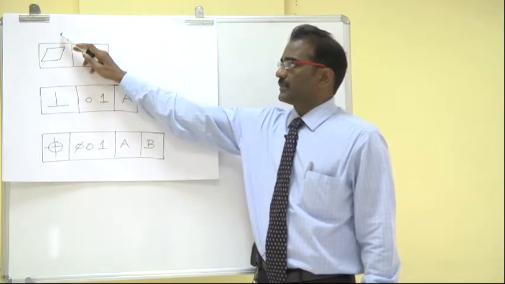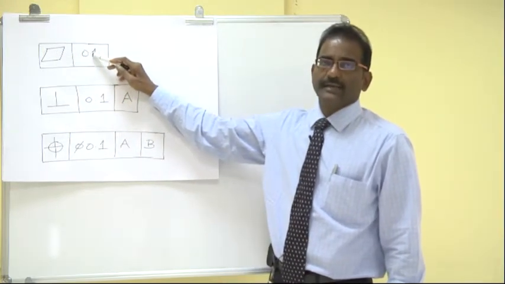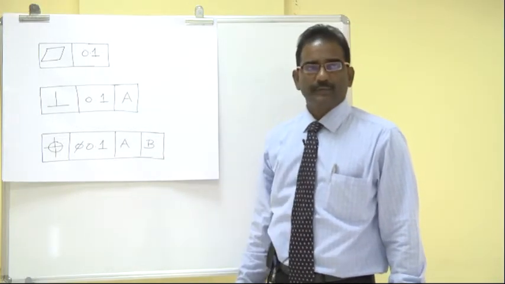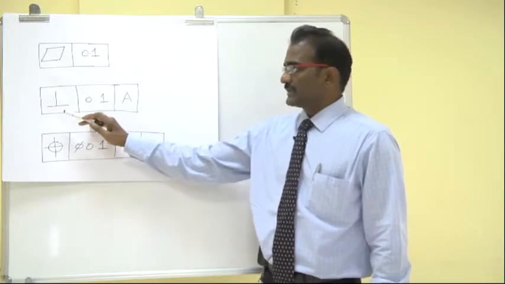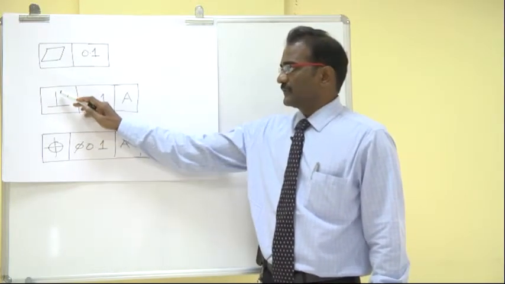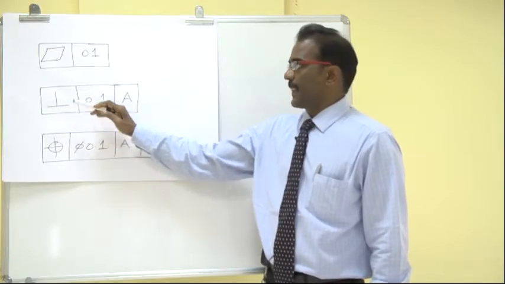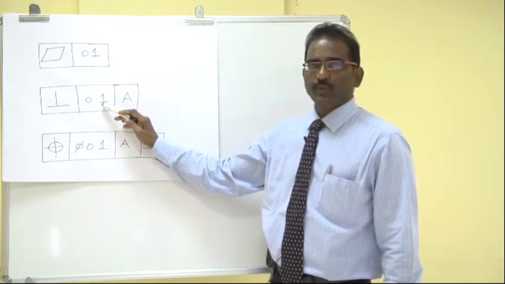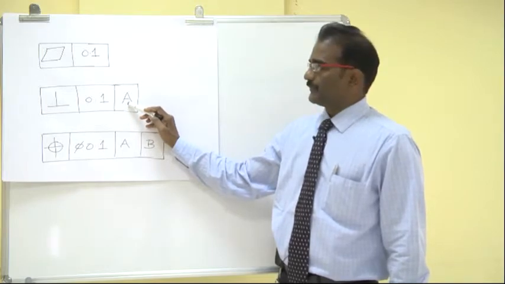The first compartment is where you show the symbol and the second compartment indicates the value of the parameter. Now, look at the second example where perpendicularity control says the perpendicularity needs to be within 0.1 millimeter with respect to datum A.